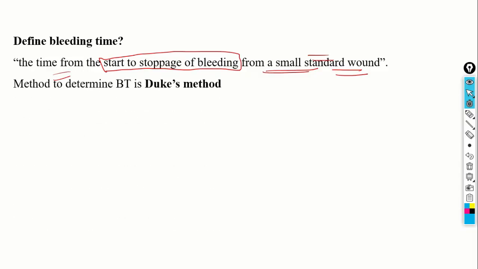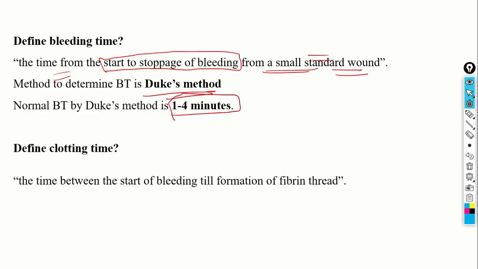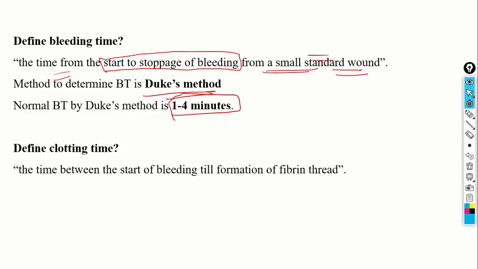The method we usually use in the physiology lab is Duke's method, and the normal BT by Duke's method is 1 to 4 minutes. Clotting time is the time between the start of bleeding till formation of fibrin thread.